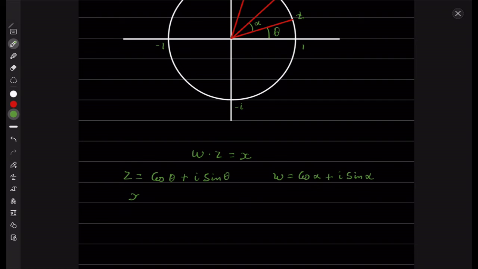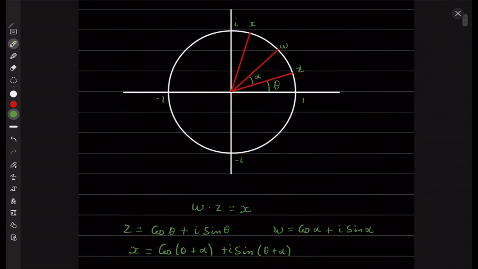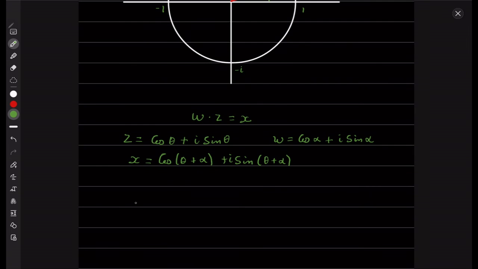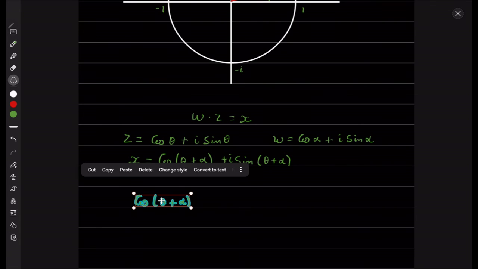So we can say x is equal to cos theta plus alpha plus I sine theta plus alpha. That's what x is.